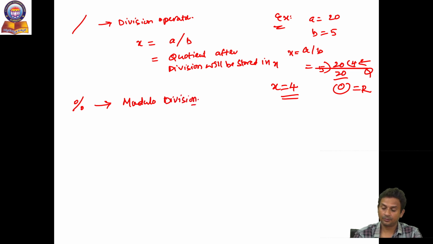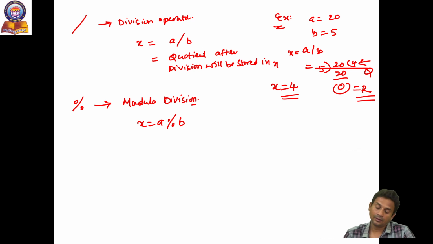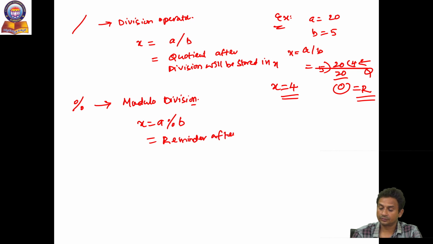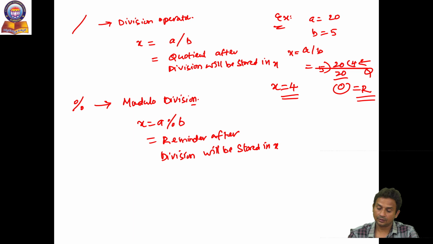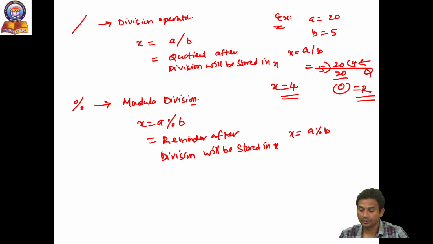Now if you take the same example, x is equal to a percent b with a is equal to 20, b is equal to 5.